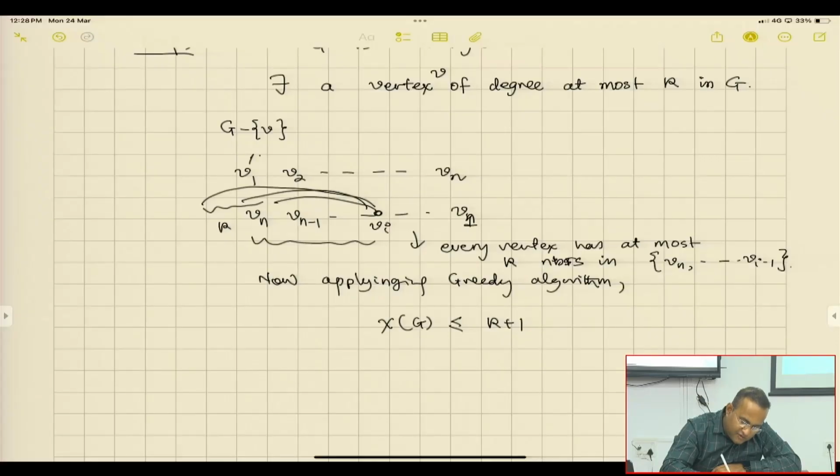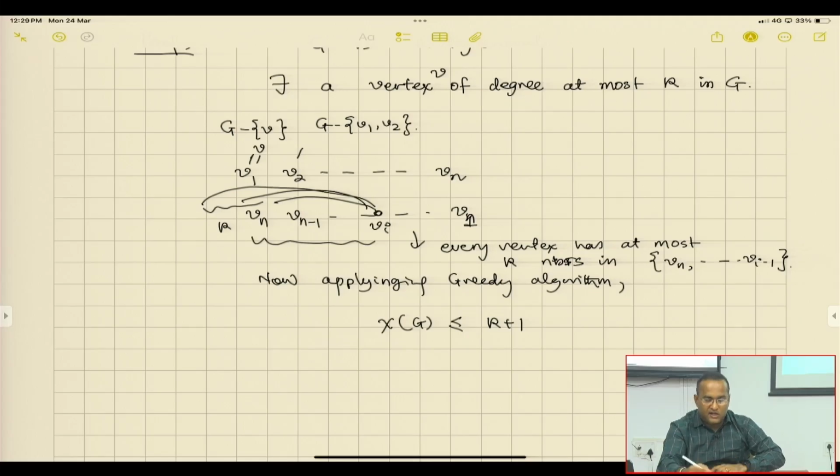How? You pick a vertex of degree at most k. That existence is clear, so we write that one as v1. v2 is a vertex of degree at most k in G minus v1. Accordingly, we can have the ordering of these vertices.